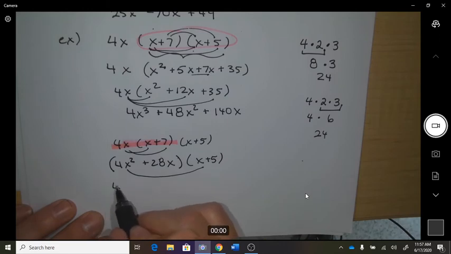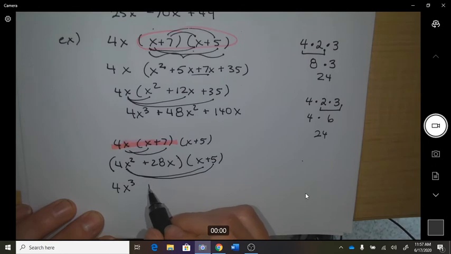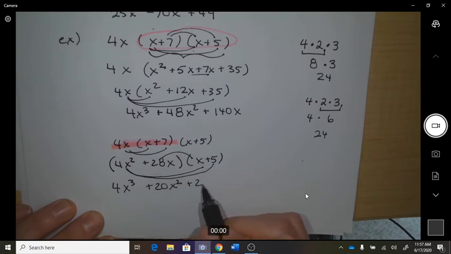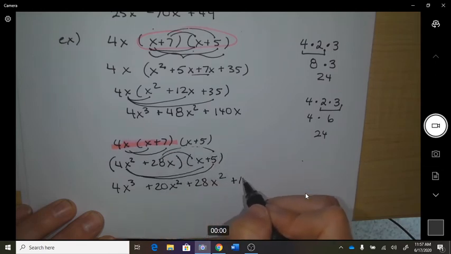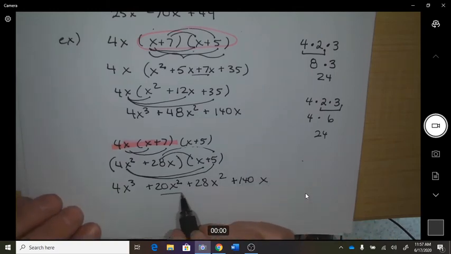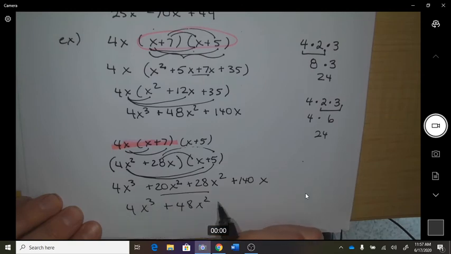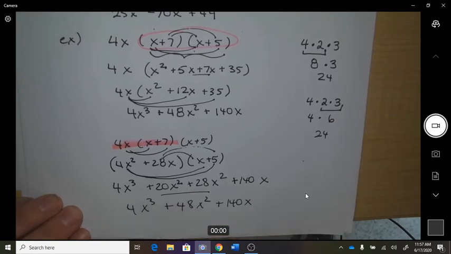Now we get 4x cubed, outside 20x squared, inside 28x squared, and last is plus 140x. Then you can combine those and you can see that we get the same answer. It's just really important to do 2, get that, and then times by the third.